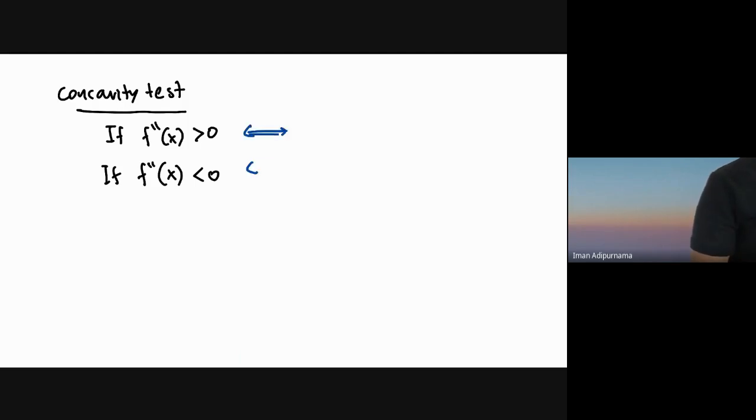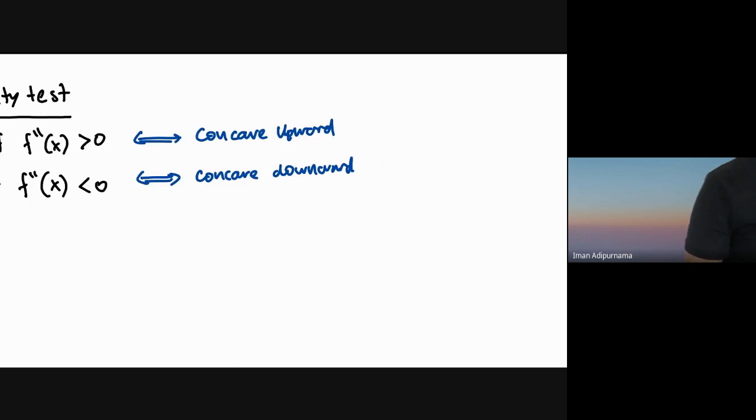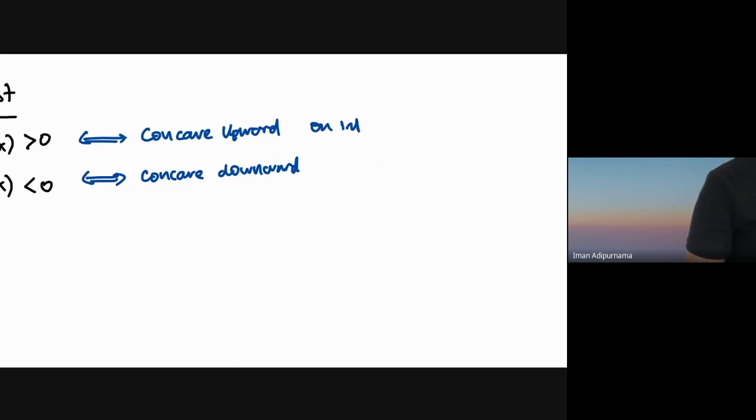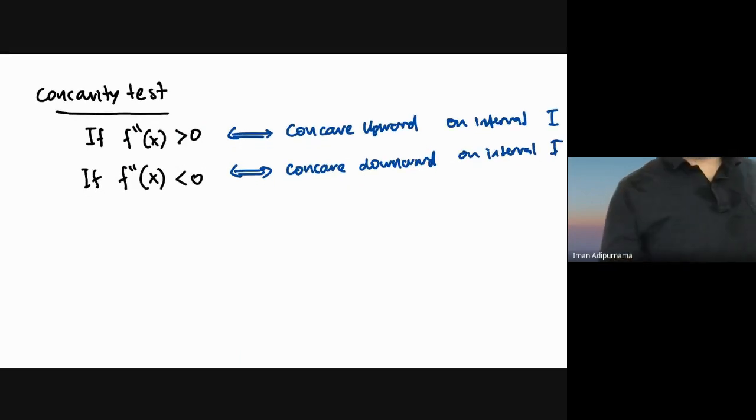This we call concave upward. This is concave downward. This is on the same interval, let's say on interval I. So the graph will be concave upward, the graph will be concave downward.